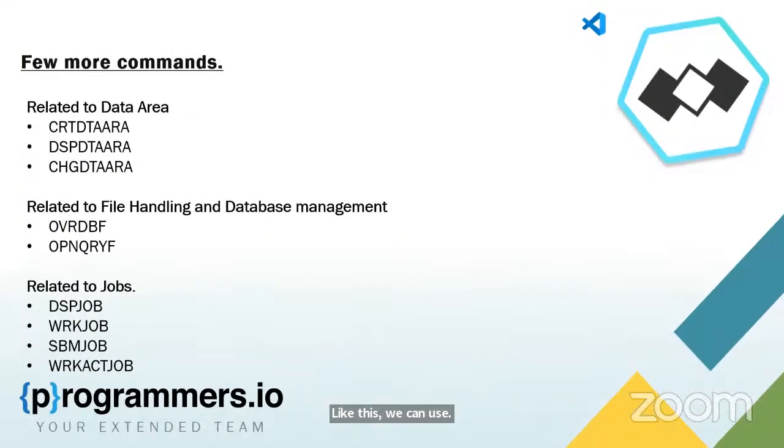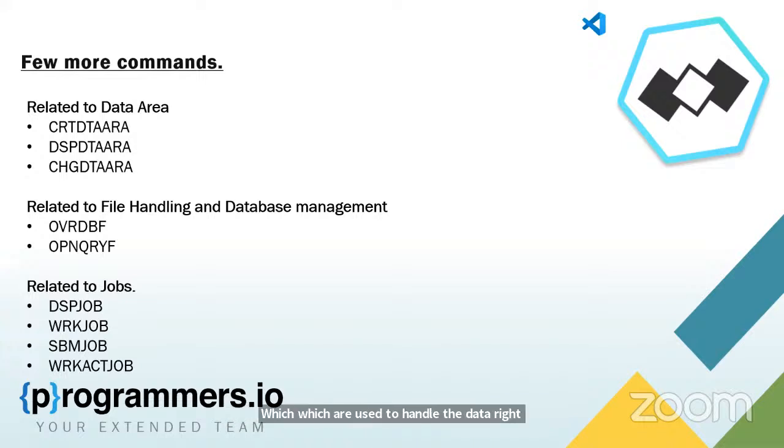There are a few more commands which will be used in the further sessions. Those will be related to data areas, like how we can create, display and change a data area, and related to file handling and database management, like how we can override a database file and open a query file. These are commands used to handle the data within a file.